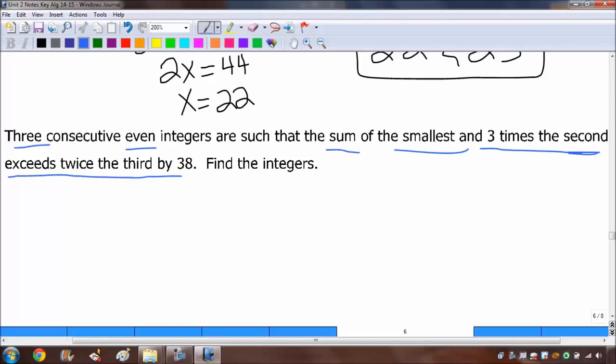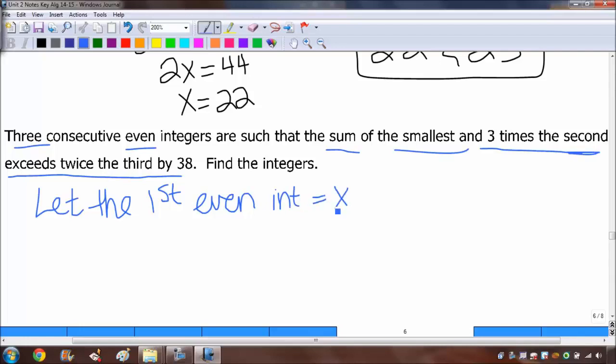So in this problem, there are 3 things that I don't know, the 3 consecutive even integers. So I'm going to write 3 let statements. Let the first even integer equal x. Okay, now I have to write one for the second one.